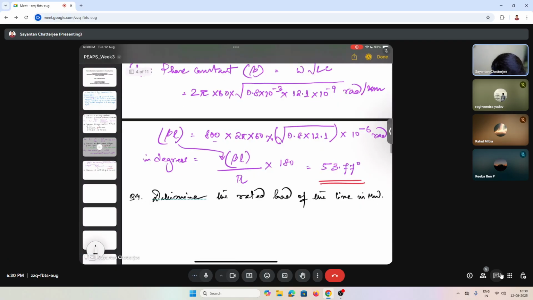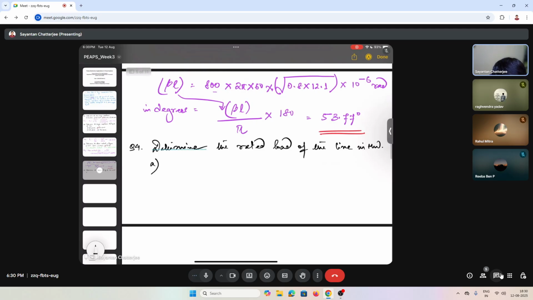So options are, all these answers are in megawatt. Rated load of the line is required to be calculated.